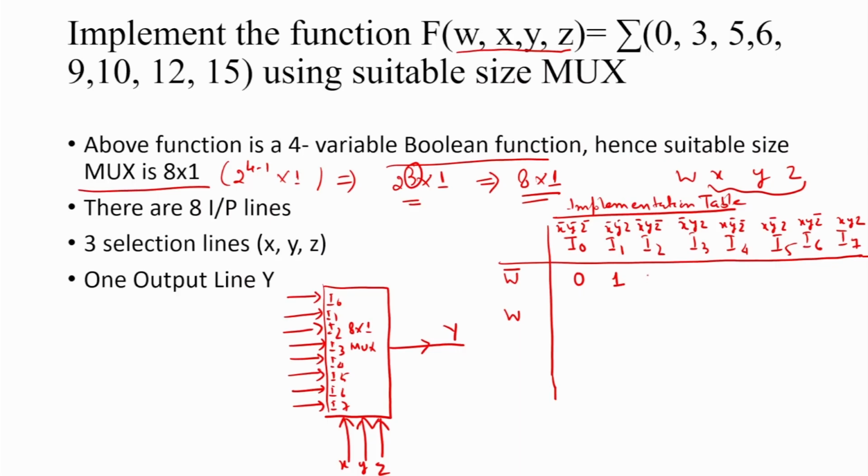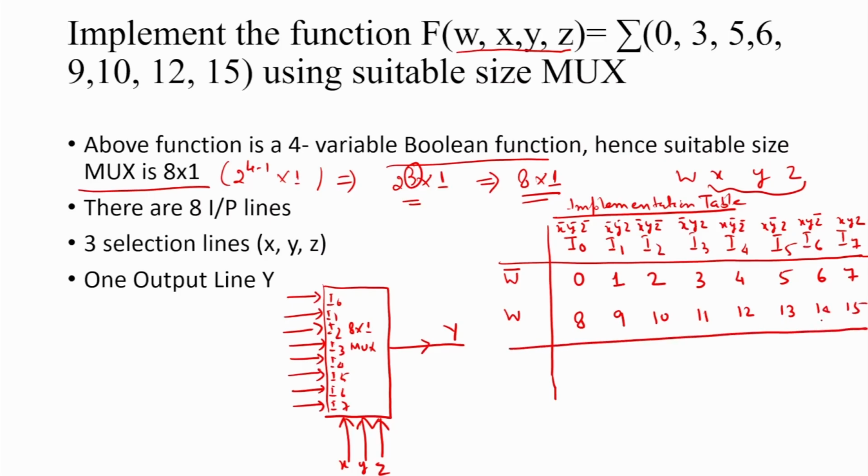Similarly 0 0 1 0 is 2, then 3, 4, 5, 6 and 7. Then when w is 1 and x y z values are 0 0 0 for I0, this represents 8. Similarly when w is 1 and it is 0 0 1, that represents 9, then 10, 11, 12, 13, 14 and 15.